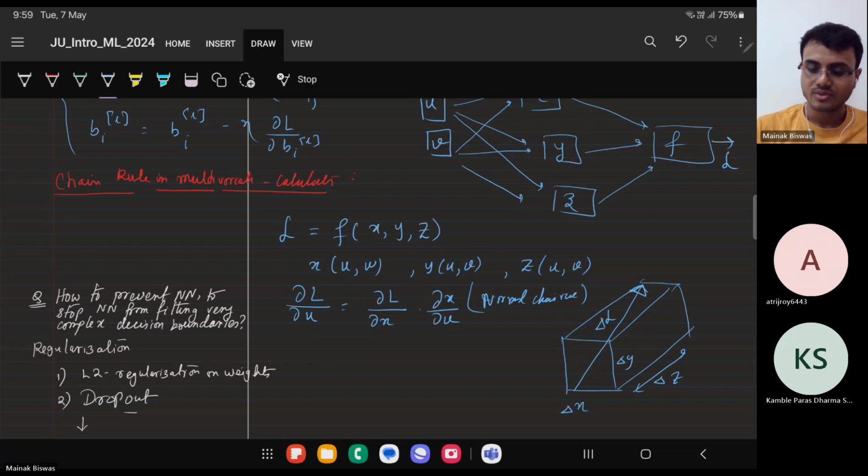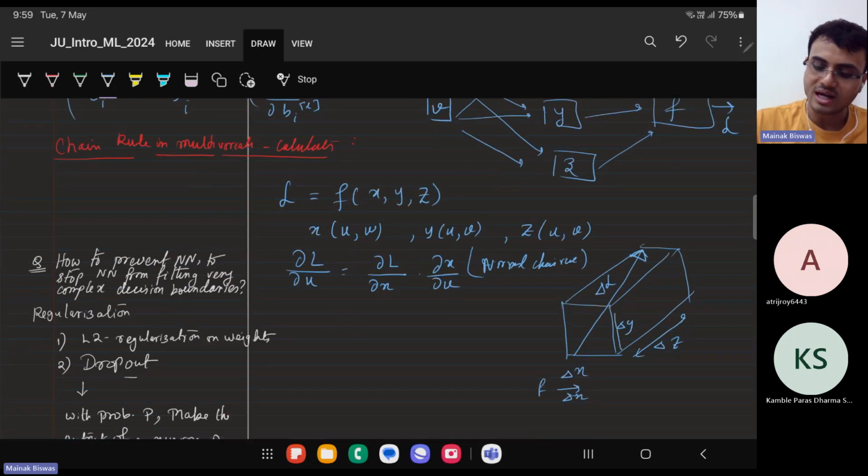So in the first order terms, it is essentially seeing how f changes when you change x by delta x, y by delta y, and then z by delta z. You essentially reach this point, yes or no?